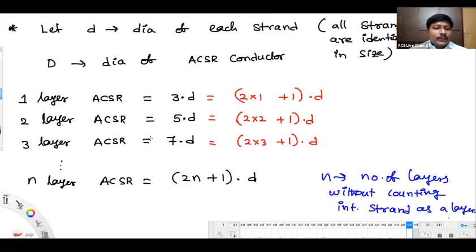Generally, this ACSR conductor, what we are discussing now, is going to be represented in a standard notation. I will show you in the next slide.